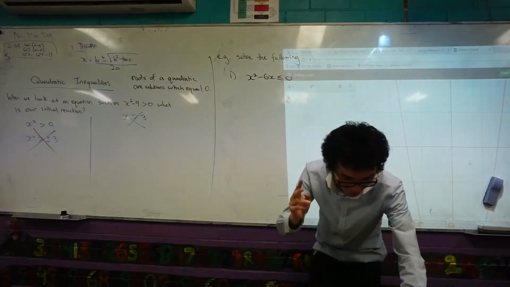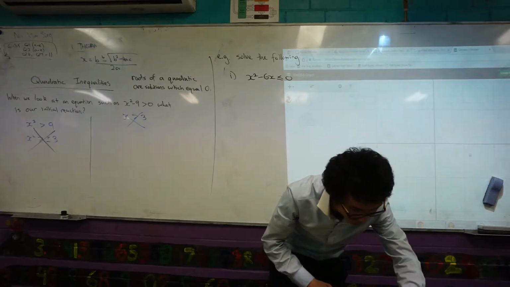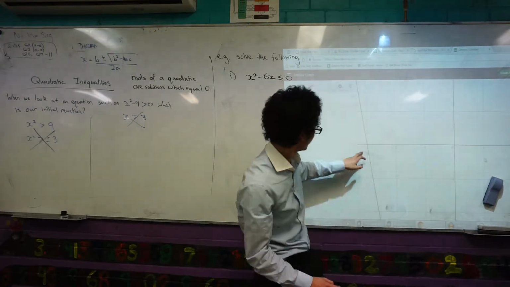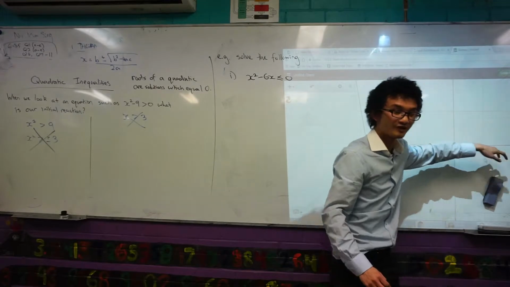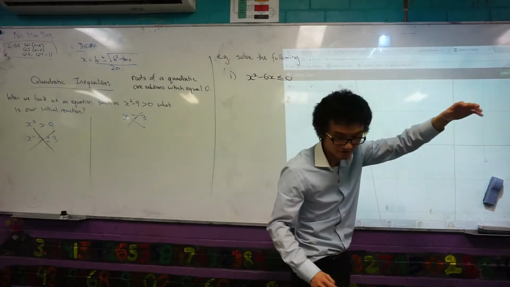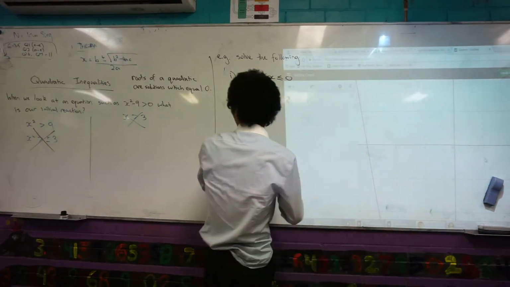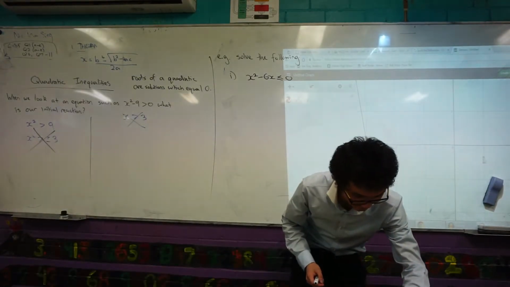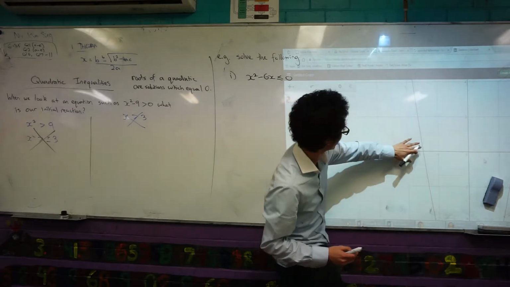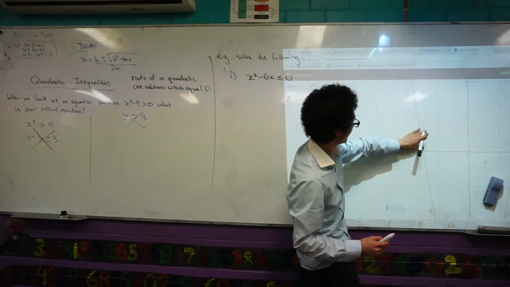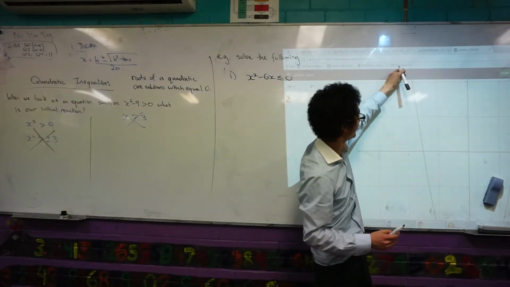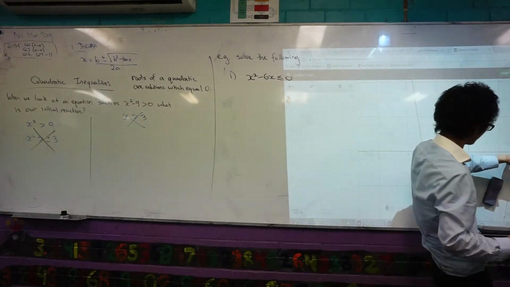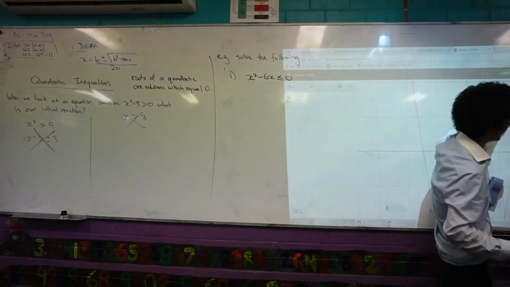You can see there's two key points here which are important. The roots of this equation, I've got negative 3, and I've got positive 3. And the parabola is greater than 0 outside those bounds. So the solution is all the values where x is less than minus 3, which is everything on this side here. I've got the red line above the x-axis, and all the values greater than 3, I've got it positive.